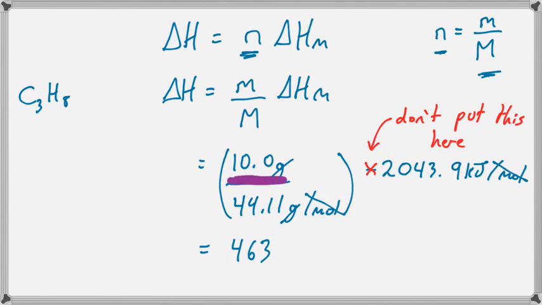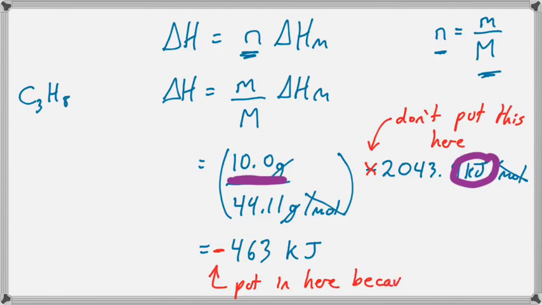So 463, and the units that are left are the only ones we didn't cancel, so this is going to be in kilojoules. Because this is exothermic, in the end, I'm going to have to put that sign back in to say that that was a loss of energy. So we're going to put this in here because it's exothermic.